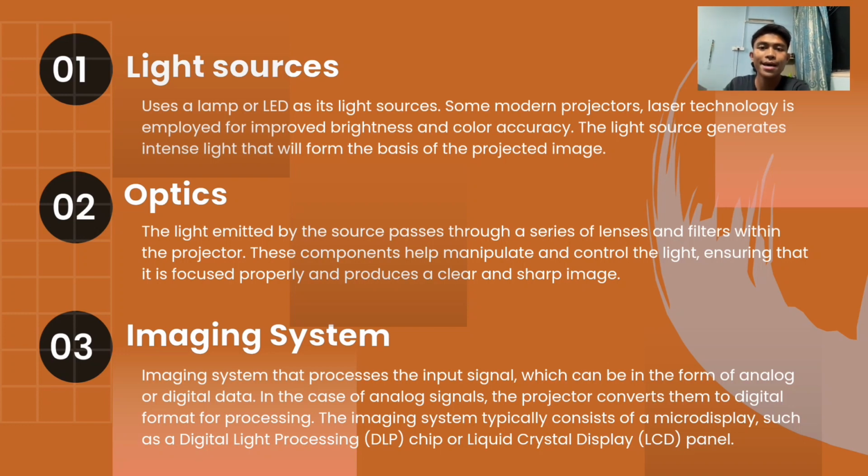The projector has an imaging system that processes the input signal, which may contain analog or digital data. In the case of an analog signal, the projector converts it to a digital format for processing. The imaging system typically consists of a micro display such as digital light processing or a liquid crystal display (LCD) panel.